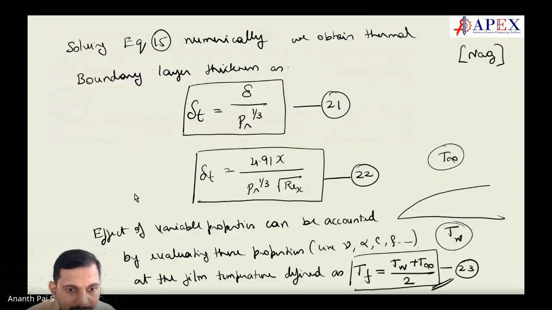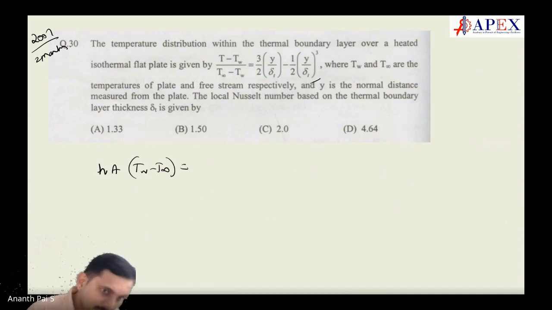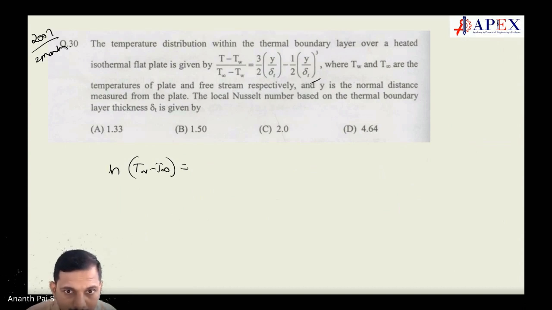Instead of A, we write it as QW. And QW is also equal to this gradient.